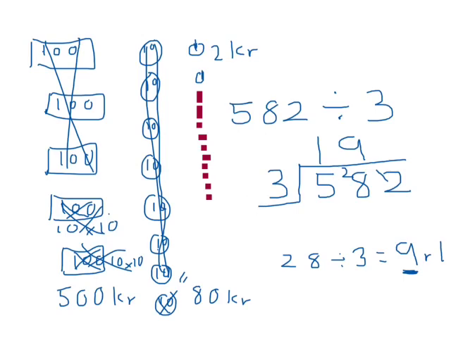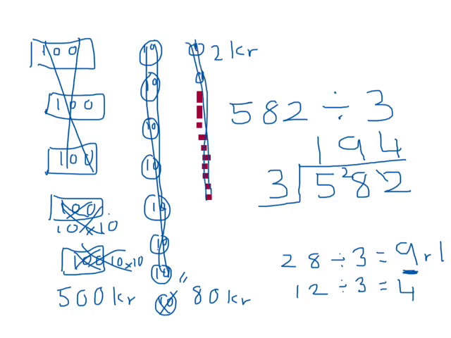So 12 shared between 3, divided by 3, will give each child 4 kroner. That's what they get. There's no remainder, so what they get goes in the answer. And there's nothing left over at the end. So we've used these.